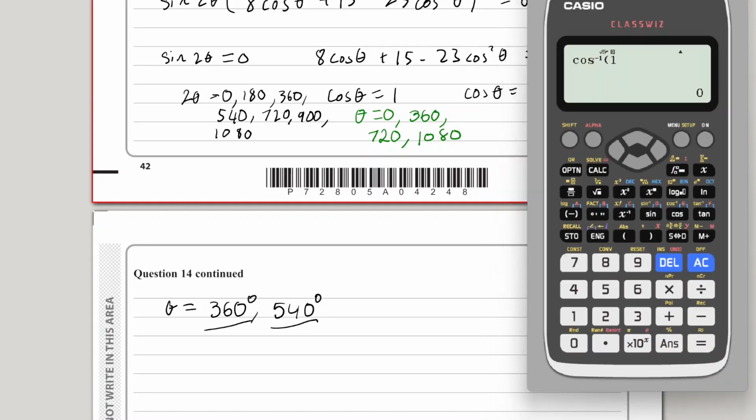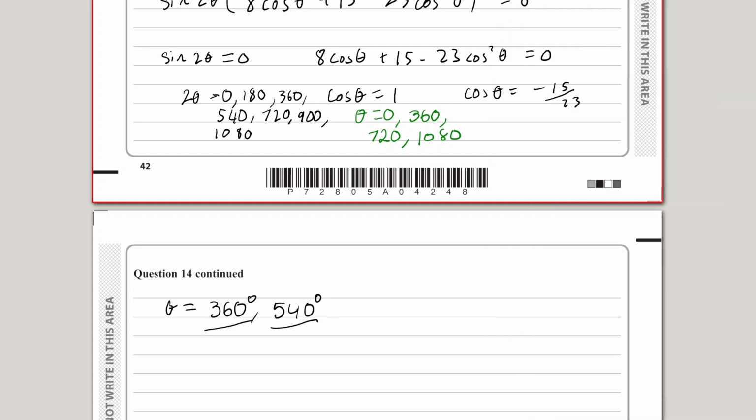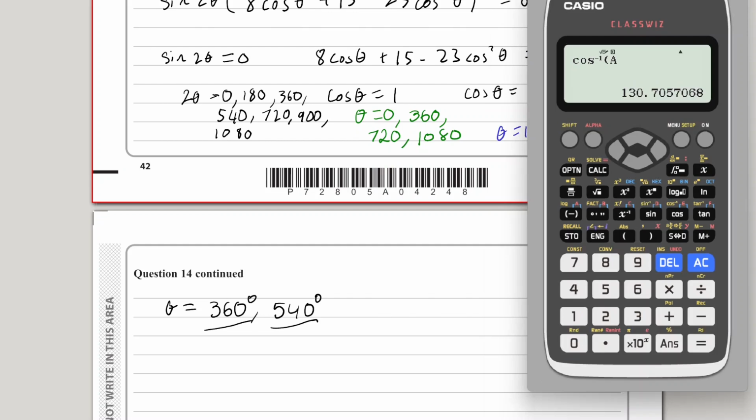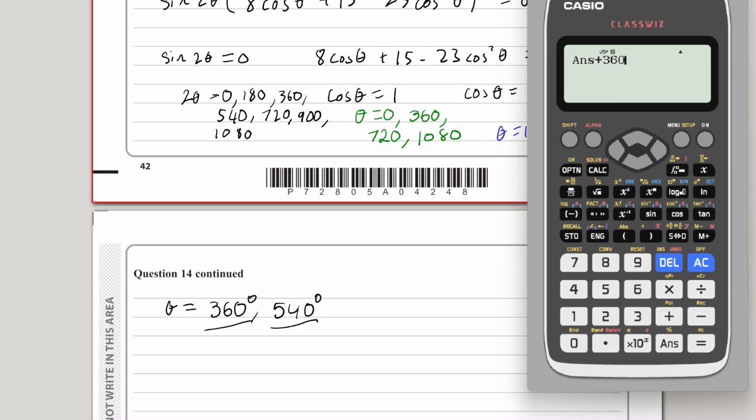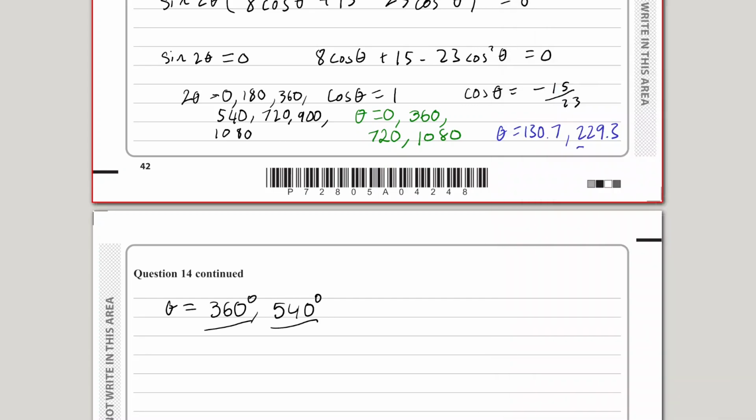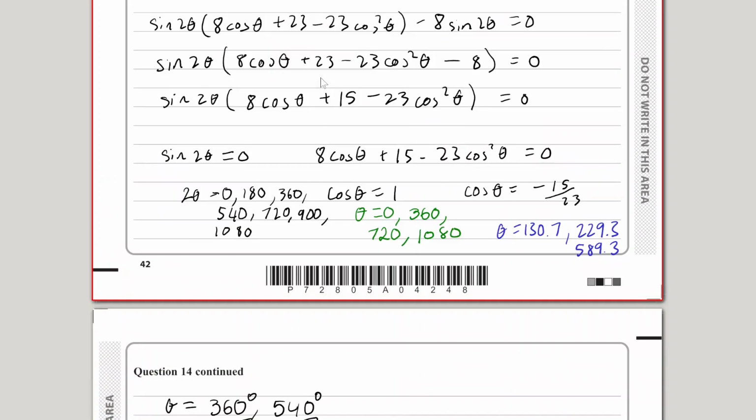And the negative 15 over 23. So shift cos A. 130.7. 360 minus the first answer, 229.3. These repeat every 360 as well. So I've got 589.3. That's too high.